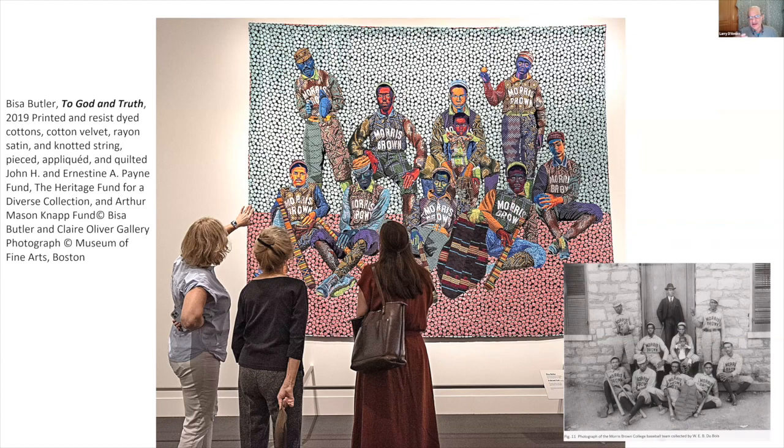The material she used for this quilt is kente cloth and batik that was hand dyed in Nigeria. It's a very interesting piece, and the dignity and the self-contained quality of these figures is something that drew her to this photograph.